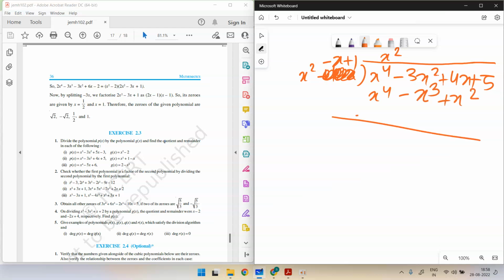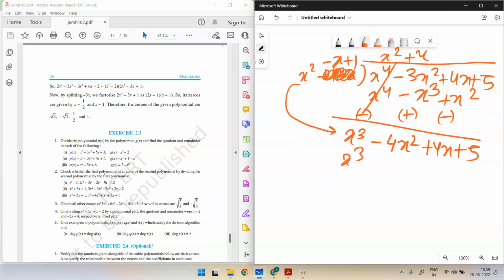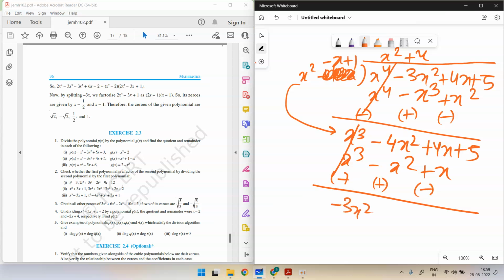Subtract, this minus becomes plus, so x power 4 cancels, and x cube with minus 3x square minus x square gives minus 4x square plus 4x plus 5. Now x square into x gives x cube minus x square plus x. Subtract, and x cube cancels. Minus 4x square plus x square will be minus 3x square, and 4x minus x is plus 3x plus 5.